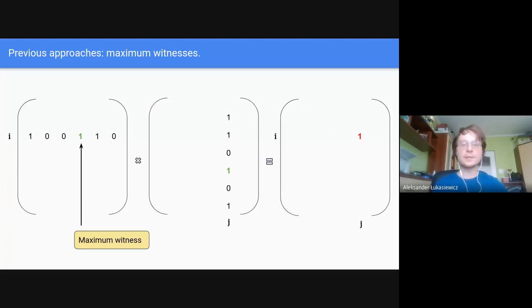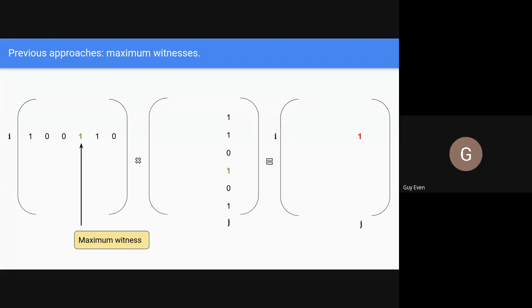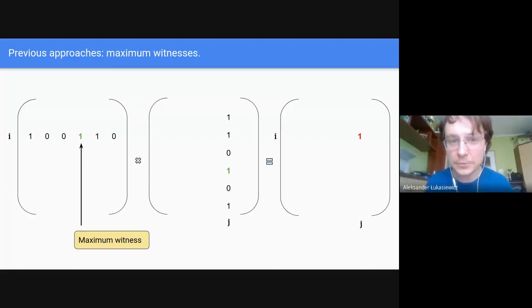If it's non-zero, there has been some match. This is actually a very important point. So this shows that we can compute a Boolean matrix product in n to omega using the standard matrix product. Okay.